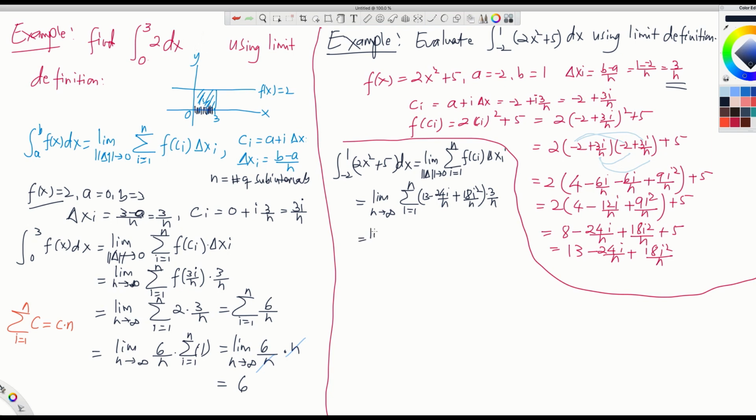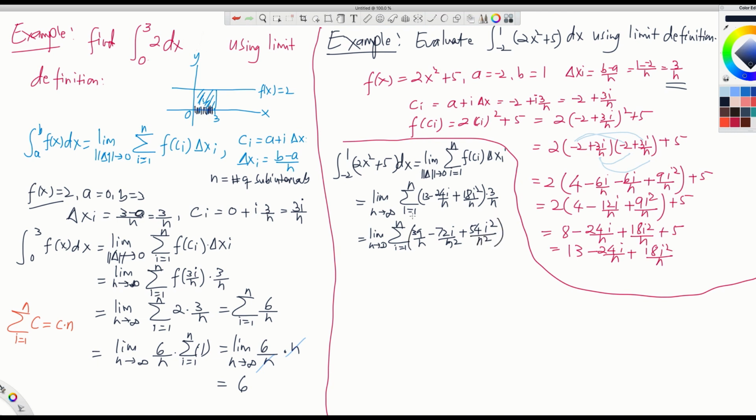So the limit as n tends to infinity, summation i runs from 1 through n. 13 times 3 is 39 over n, minus 72i over n squared, and then plus 18 times 3 is 54i squared over n squared again.